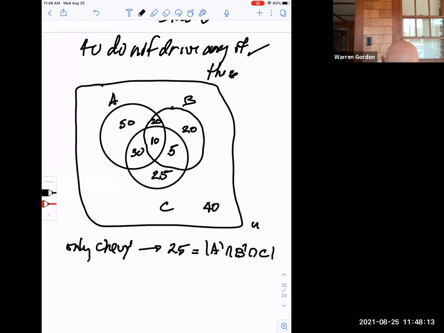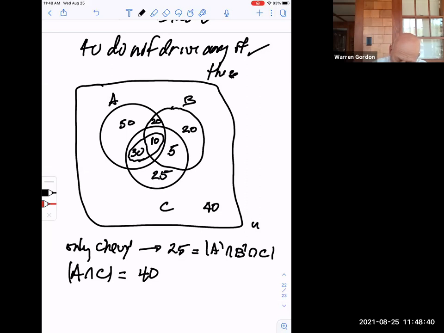Next question. Both Audis and Chevrolets. Well, the people who drive both Audis and Chevrolets, this group right here, right? I said and, so that would be Audis and Chevrolets. That would be 40.